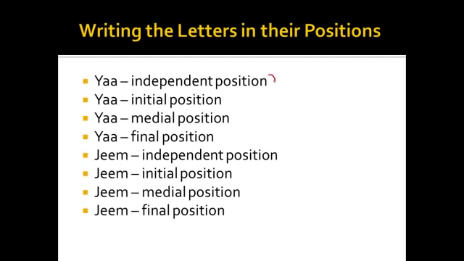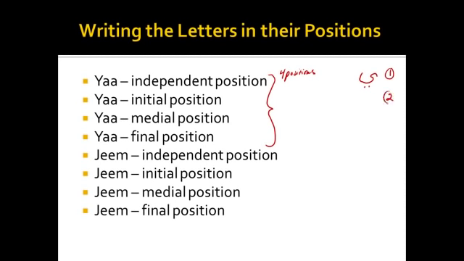So here we have the Ya, and the Ya has, as we said, 4 of the 4 positions. So the Ya in the independent position is going to look like this. Excuse me, I'm going to put a little hook there. And we have the Ya like that.